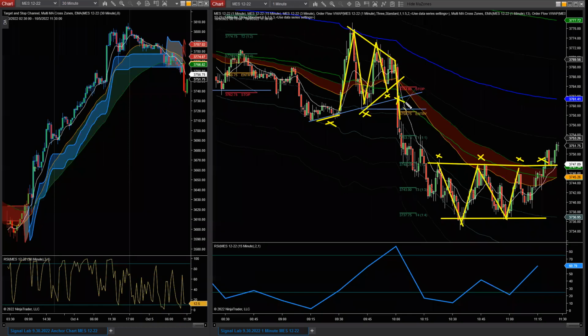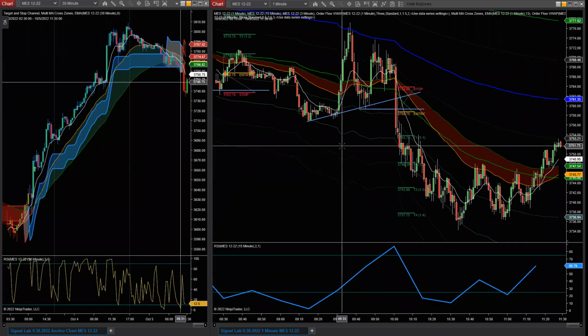But if I try to do it on a third time or even a second time, it usually ends up failing, and I end up getting stopped out, only to see it go through on the fourth time. So this is just picked up from sitting here and trading and making mistakes and finally realizing what works and what doesn't.